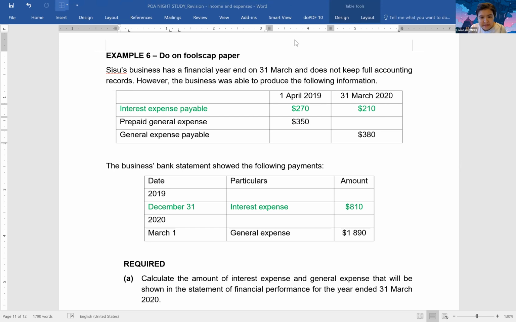I'm waiting for your answer. Oh, good job, Yawen. You got the general expense correct. Those people who submitted, Yingqi, your interest expense and general expense are not quite correct. Dora, your interest expense is correct.